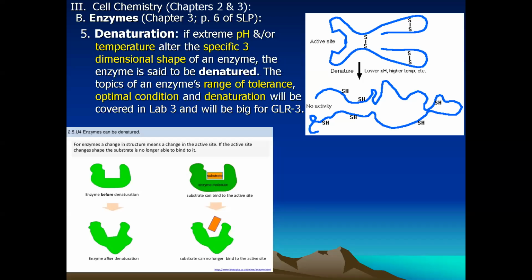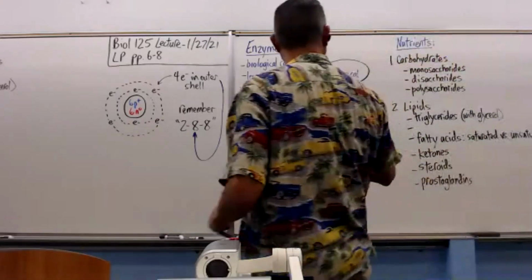An enzyme or any protein, well, the enzyme has a range of conditions where it will work. We can talk about temperature. We can talk about pH. There's a range that it'll work called the range of tolerance. And it looks something like a bell-shaped curve. So look at these highlighted words here. I'm going to do it over here.